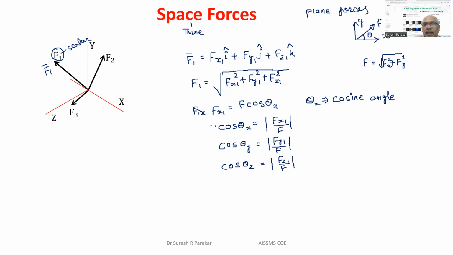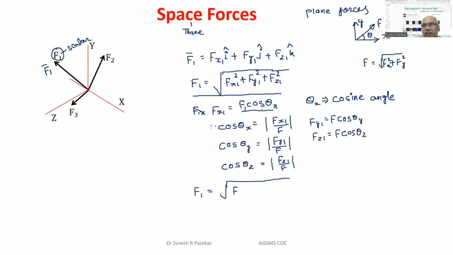Now, if we put the value of Fx1 as F cos theta x, Fy1 as F cos theta y, and Fz1 as F cos theta z in this equation for F, I will get F1 equal to the root of, now Fx1 is F cos theta x, so the square of this.